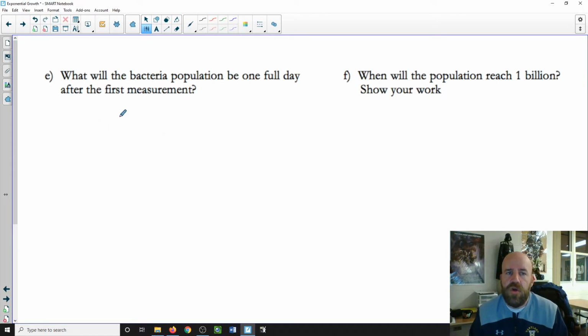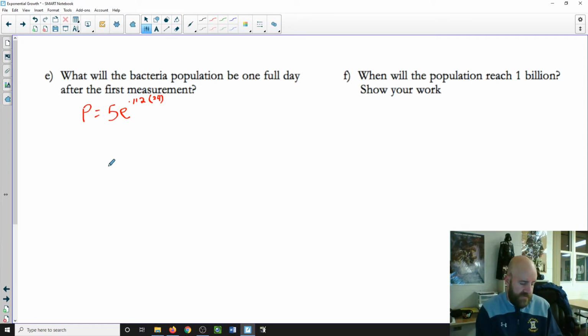This one, we're just going to plug in 24 hours into our equation. So again, 0.112, or the full natural log of 7/5 divided by 3, and then multiply by 24. We can run through this and calculate it, which I will do right now.